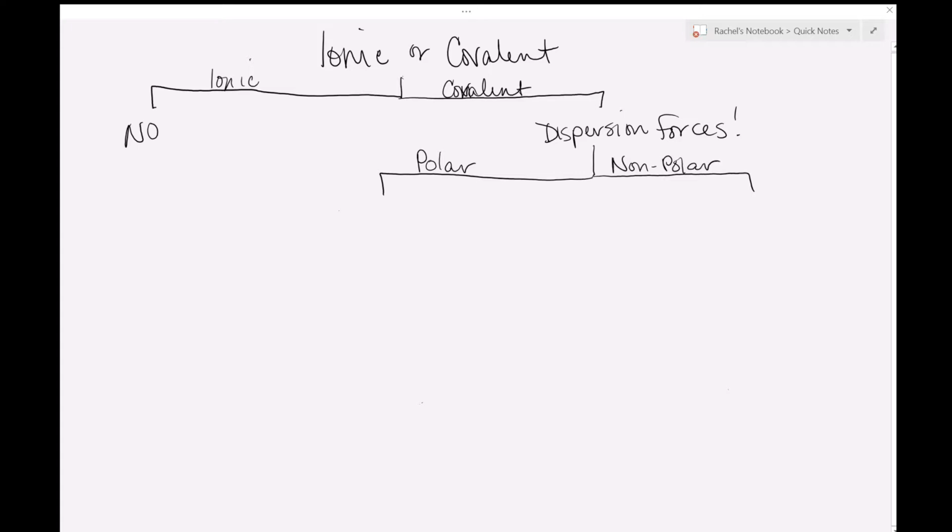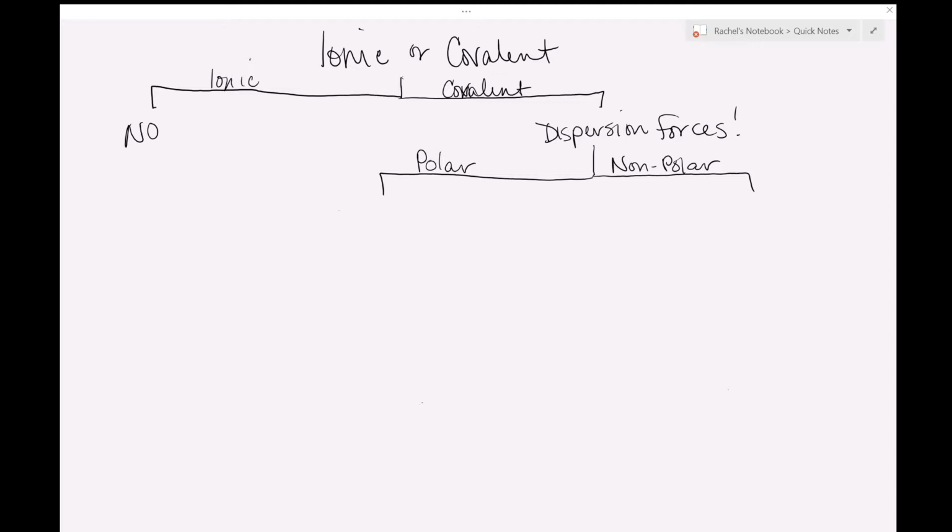Okay, well, if it's nonpolar, it can't have any dipole-dipole interactions because those dipole-dipole interactions require some kind of polarity, right? Those dipole-dipole interactions are what we were talking about before when we had those refrigerator magnets that were a little bit positive on one side and a little bit negative on the other, and they draw each other together. Those are dipole-dipole interactions, and we can't have that if we don't have a dipole to start with. And so those things have to be polar.